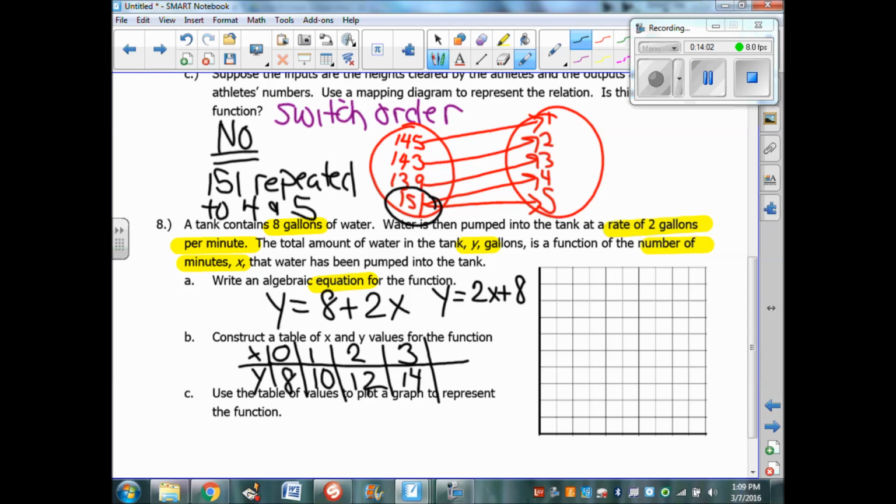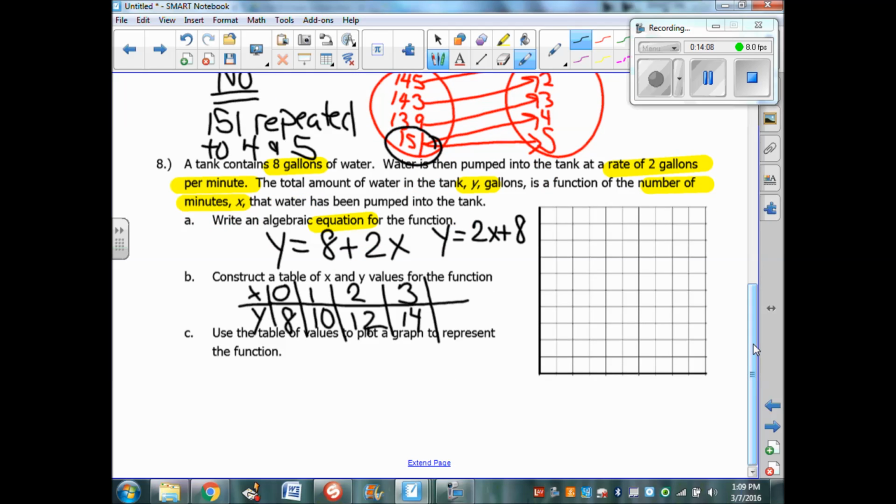It says use this table of values to plot the graph to represent the function. So what I decided to do here, so my x is my time in minutes, and then up along the side is the gallons of water. It's my y.